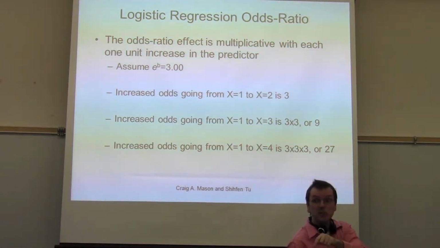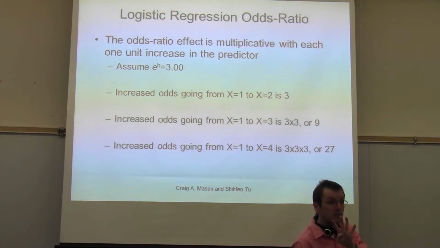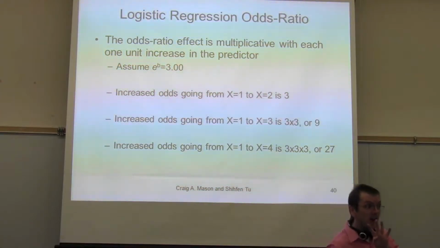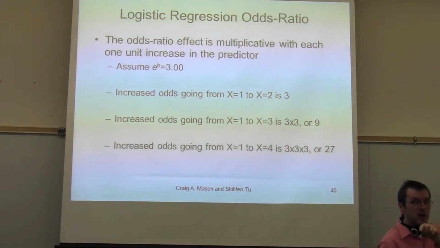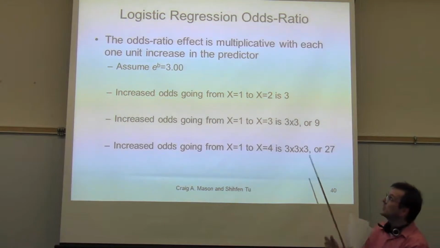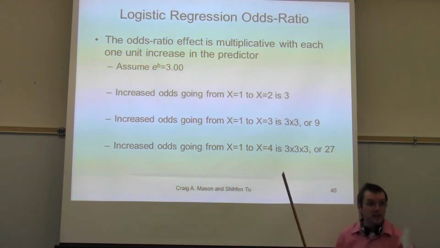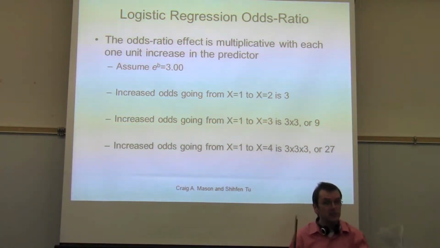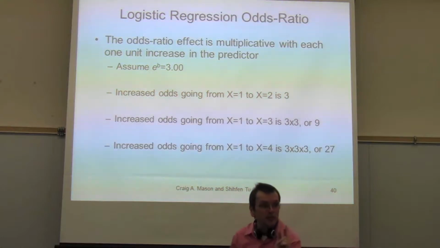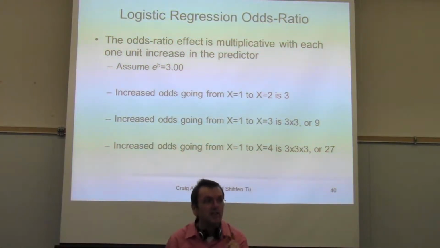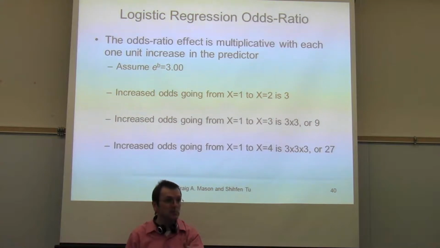So it's 2 times 2, it's gone up by 4. I party another hour, it's 2 times 4, it's now 8. I party another hour, it's 16. Odds ratios can get really big. In that sense, the odds ratios may be small, but the effects can get very big very fast because it's multiplicative.